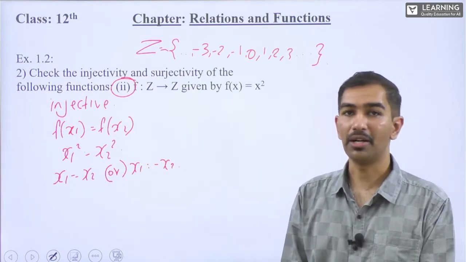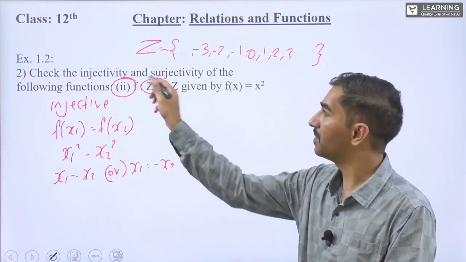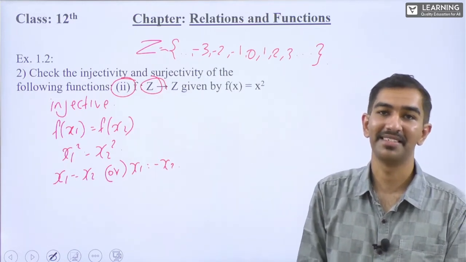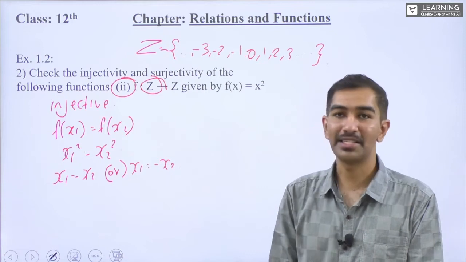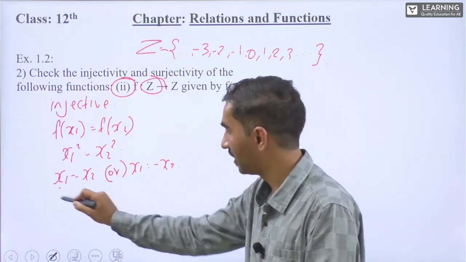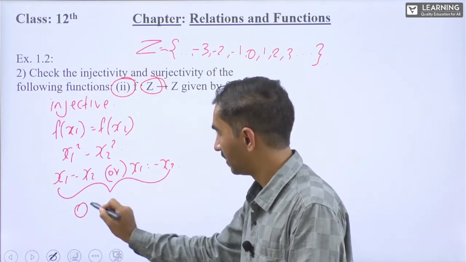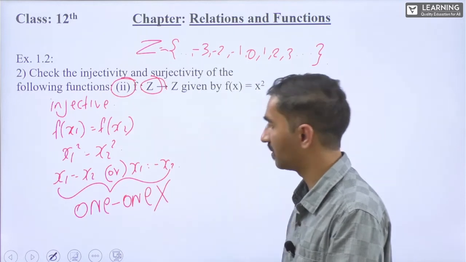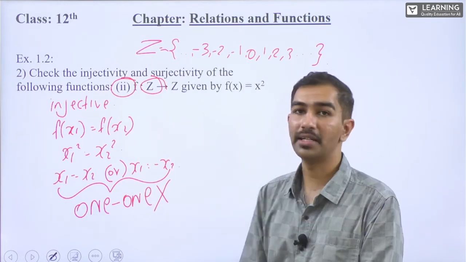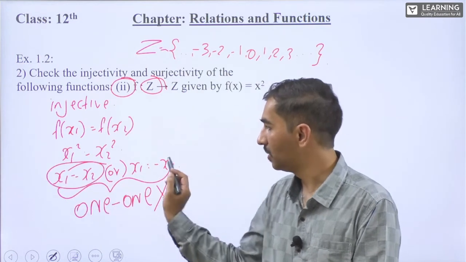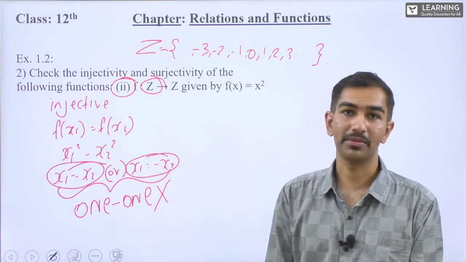Why? Because it is the set of integers. Previously it was natural numbers, students. Natural numbers do not consider any negative numbers. But integers consist of negative numbers, so we cannot discard this. What we can tell here is this is not a 1, 1 function, or it is not an injective function. Why? Because there are no unique images: x1 equals x2, and x1 is also equal to minus x2.